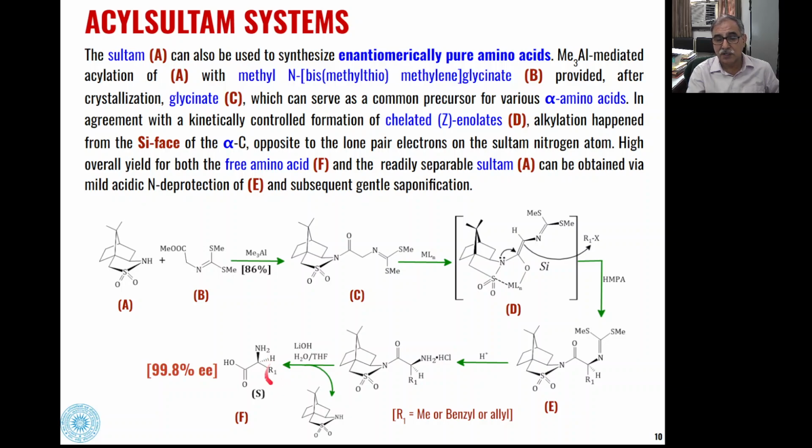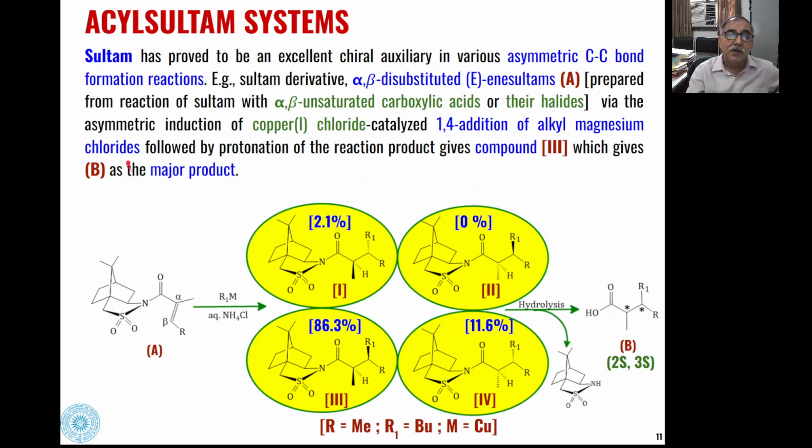When the R is either methyl or benzyl or allyl, we can prepare different types of alpha amino acids through this type of method. Then this methodology can be extended to other types of diastereomeric carboxylic acids.